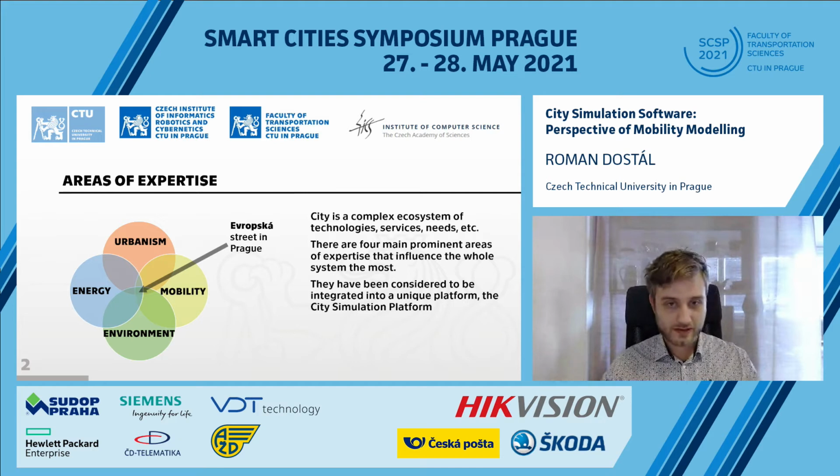All these areas of expertise and the models are then combined in the city simulation software, which is a platform that integrates and combines all these environments. Our scope of work, the part of the Faculty of Transportation Sciences, is the scope of mobility modeling and integration with environmental modeling. Next slide, please.